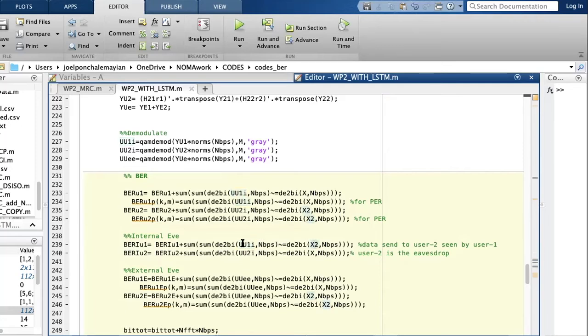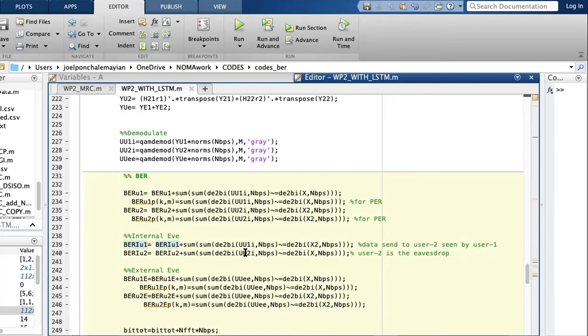So how much of user 2's data has been received by user 1, which means the internal eavesdropping. Has user 1 been able to get data that has been sent by user 2? And this is how we calculate that bit error rate as well.